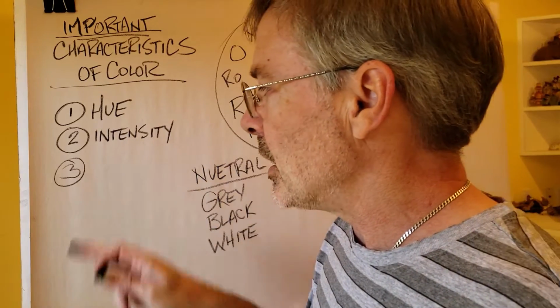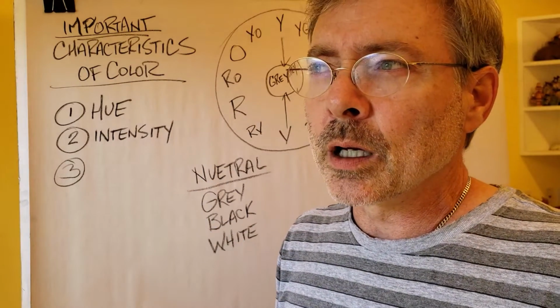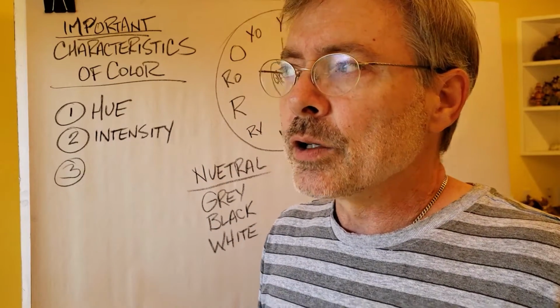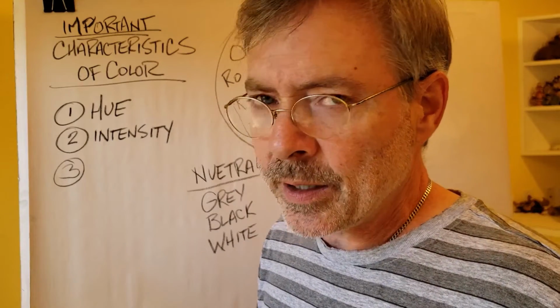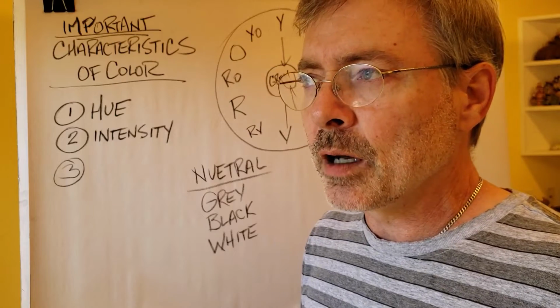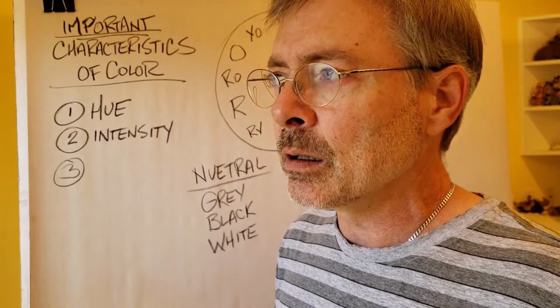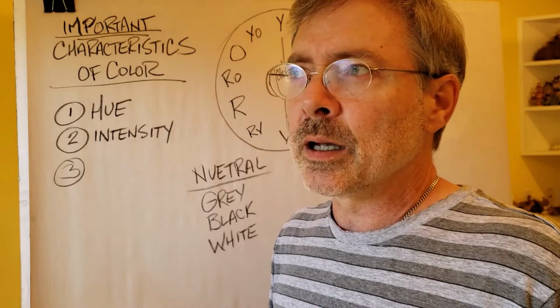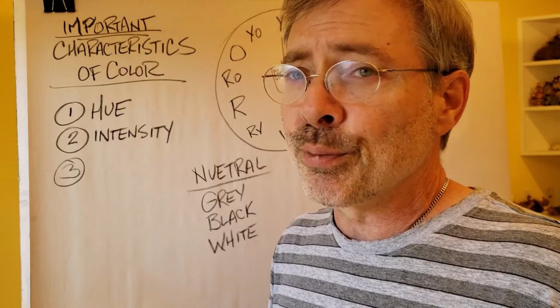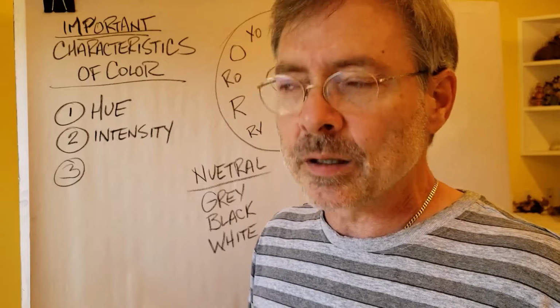The intensity of a color has to do with a color's saturation. So by color saturation, we're talking about how much color is in the color, how much of the hue is evident in the color. Now, one of the terms that people will often use when they're talking about intensity is they'll use the term bright. A color is bright, it's intense.